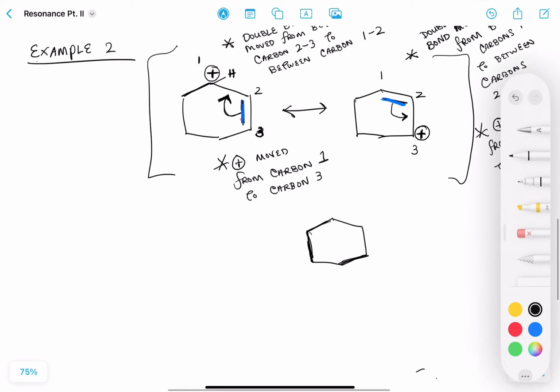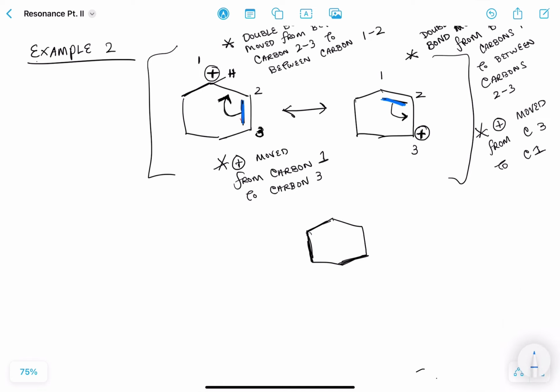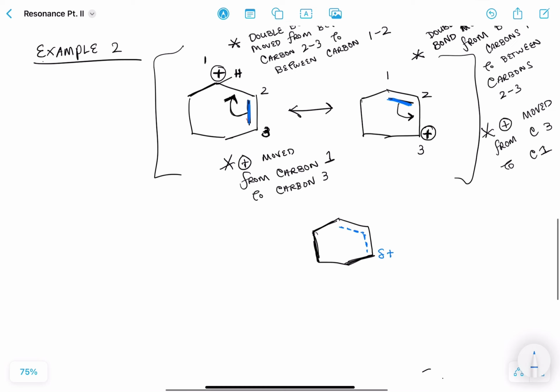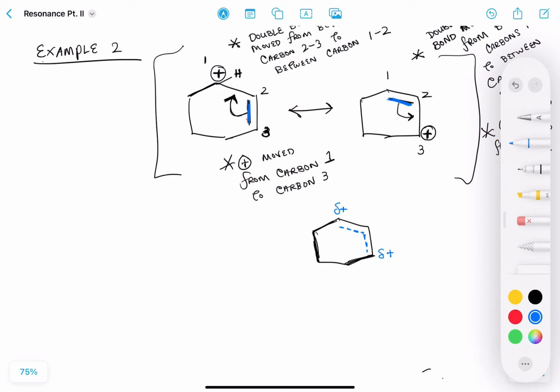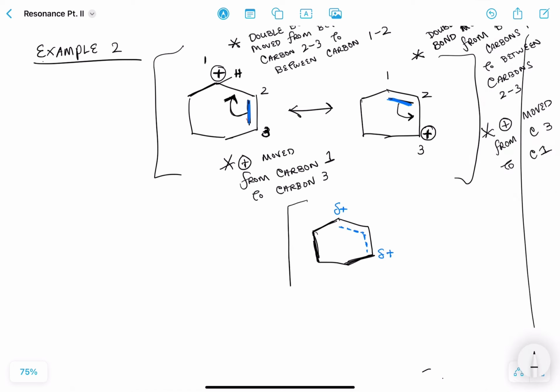And then if I look in one structure, I have a double bond there, and in the other structure, I have the double bond there. The positive charge is on 3 in one structure, so that gets a partial positive there, and on 1 in the other structure. So that would be my resonance hybrid for this molecule. It indicates that both of these exist at the exact same time.